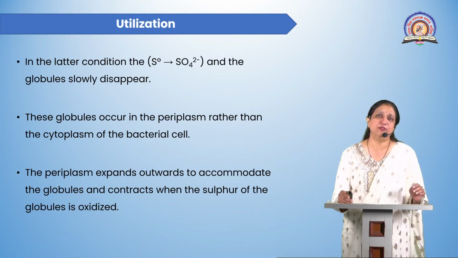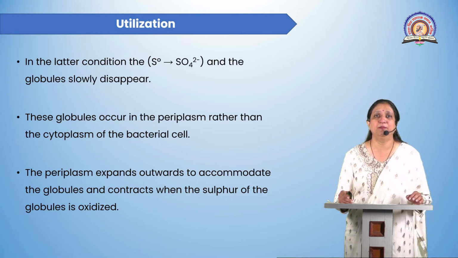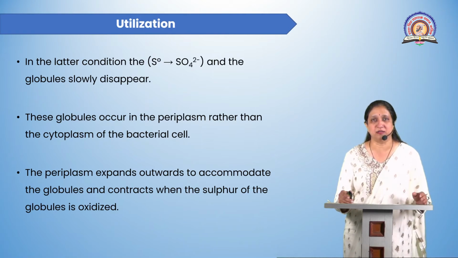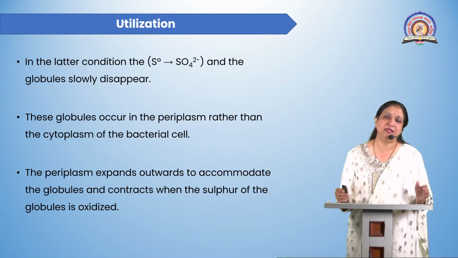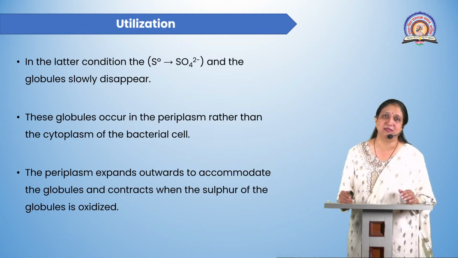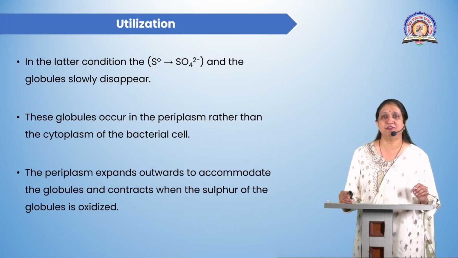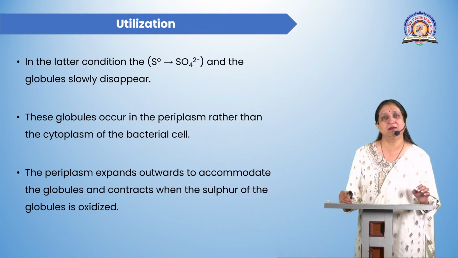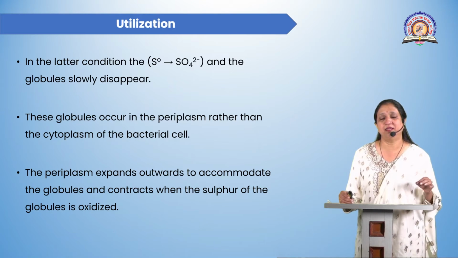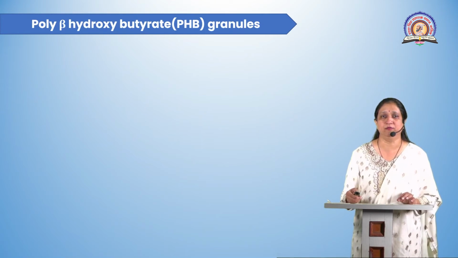When these granules are produced, the periplasm expands outwards to accommodate the granules. And when the granules are utilized, again the periplasm contracts, right? And thus the size of the periplasm is maintained constant even if there are granules or there are no granules.